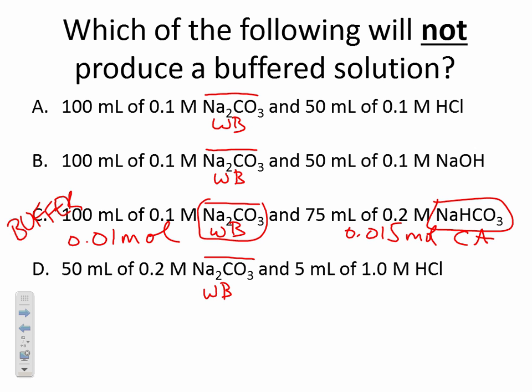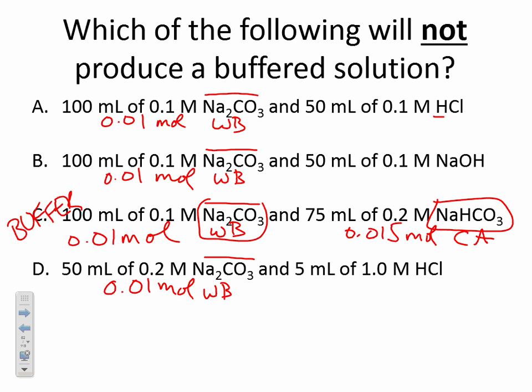Then we have three other choices that do not have the weak acid conjugate base pair, but two of them will give us a buffer, and one of them will not. So what I'm going to do now is work out how many moles of each thing I have from the numbers. I've got 0.01 moles of the Na2CO3 in all three of these cases. Then I'm going to look at what I'm reacting it with.